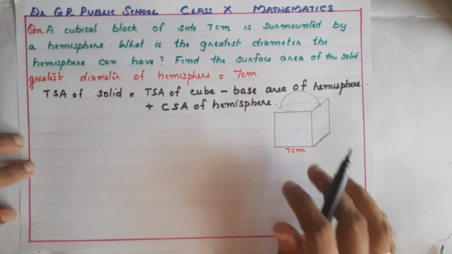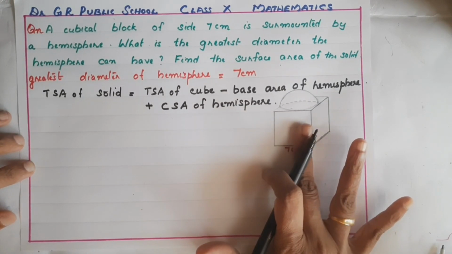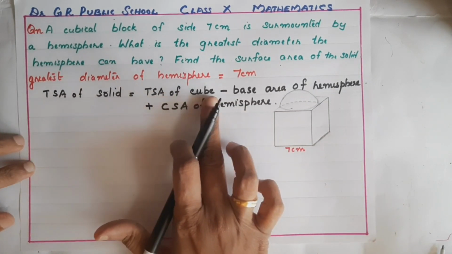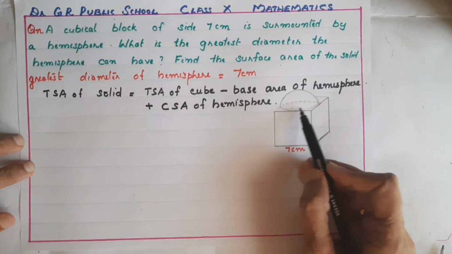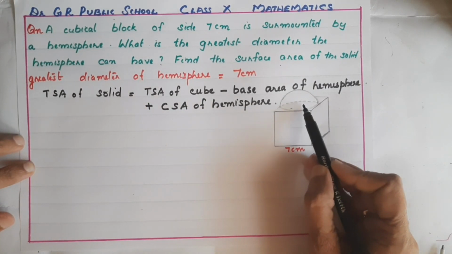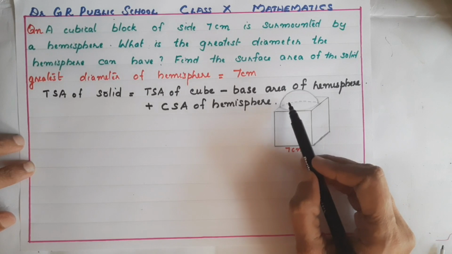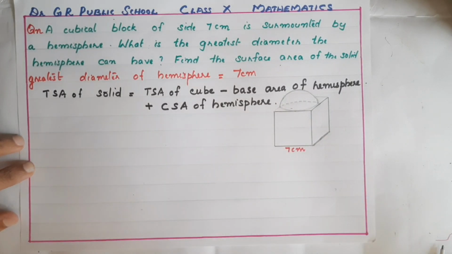Okay, children. So area of the solid is TSA of the cube minus base area of the hemisphere, then plus CSA of the hemisphere. Now we have to check whether we have all the dimensions for this.